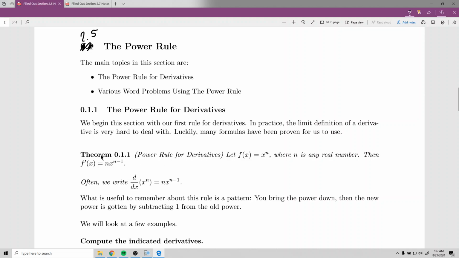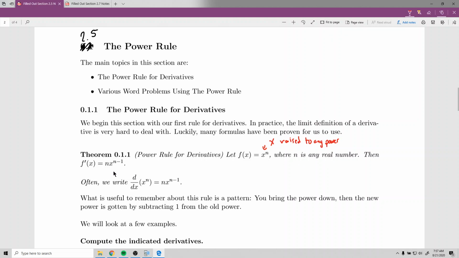So the power rule for derivatives says this. It says let f of x equals x to the n power, where n is any real number. So what it's saying here is our function needs to be just x raised to any power. It could be positive, it can be negative, it can be a fraction, it can be a decimal, any real number.